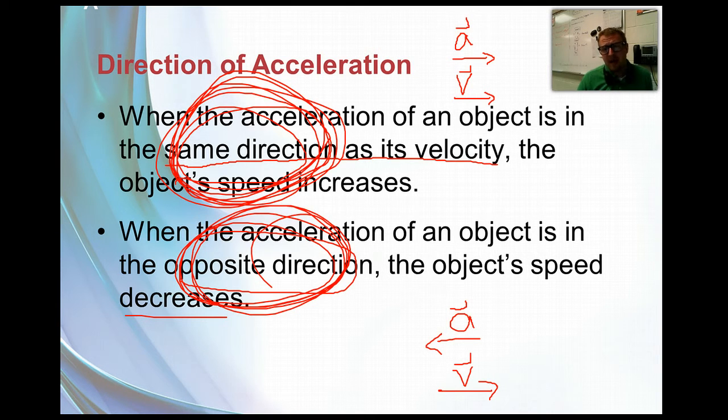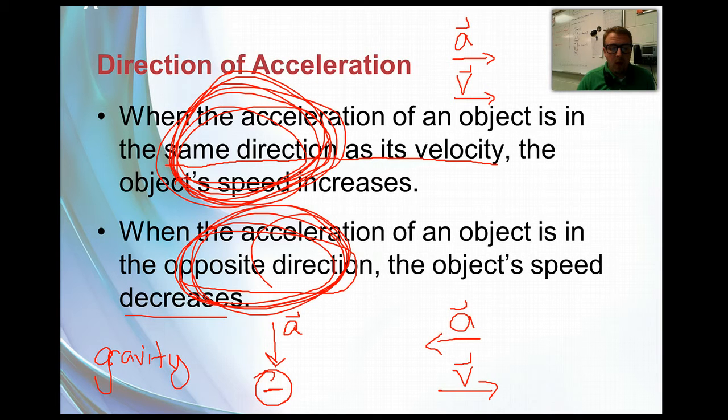A great example of this would be gravity. Let's say that gravity is always pulling us towards the Earth. So let's say here's the Earth, and we'll call the Earth negative. As objects fall towards the Earth, they're moving in the negative direction. We would say that gravity has an acceleration in the downward direction.